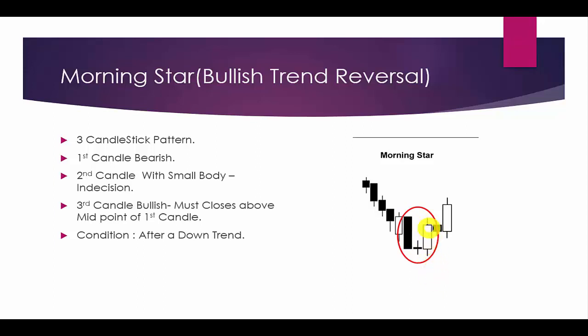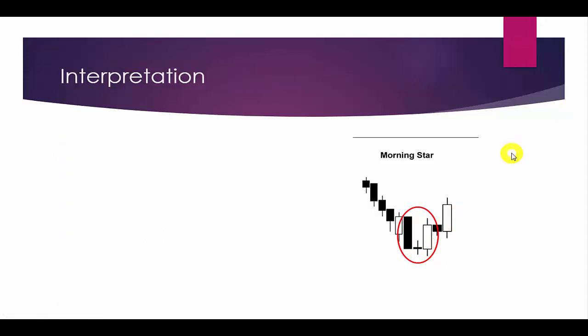So we can say that sellers are now exhausted. They are taking out their profits and they are trying to exit from the market, and now there are full chances that the market will go up right from here. Now we will see what its interpretation is. We can say that bulls are strongly back in the game.